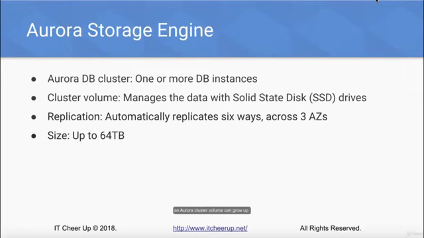Even though an Aurora cluster volume can grow up to 64 terabytes, you are only charged for the space that you are using in the Aurora cluster volume. Because Aurora automatically performs continuous backups, Aurora cluster does not require extensive planning or downtime for performing backups.